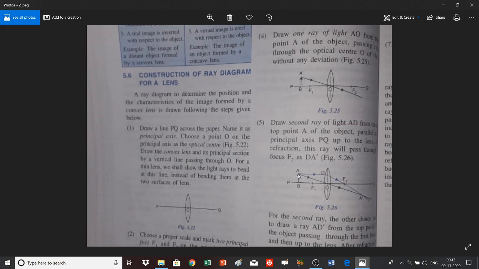After that, another ray which is parallel to the principal axis, that is AD. When it falls on the lens, you know that this ray after refraction will pass through the second principal focus F2, and it will move in this direction. This ray and the ray through O will meet at the point A. So if you connect these two points or draw a normal on the principal axis in this direction, this will give the image of the object.